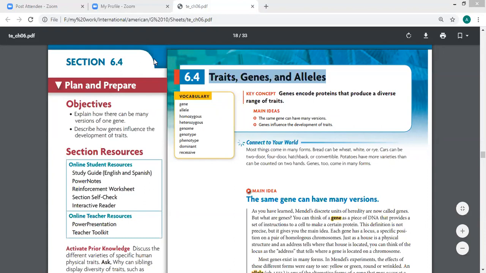We explained the meaning of traits and genetics and the difference between phenotype and genotype. At the end of the section, we explained some details about Mendel's experiments, and we finished with the first law of Mendel, which is called the law of segregation.